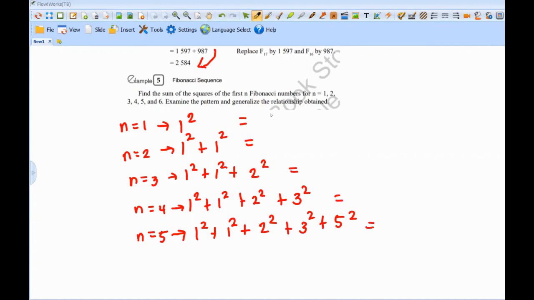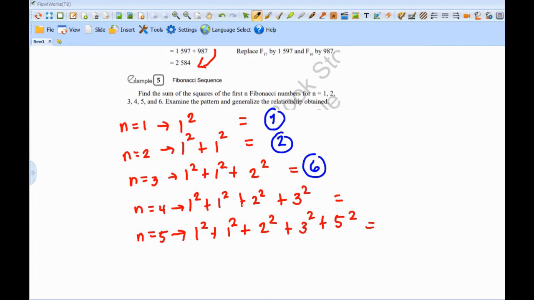So this is 1. This is 2. 1 plus 1 plus 4 is 6. 1 plus 1 plus 4 plus 9, right?